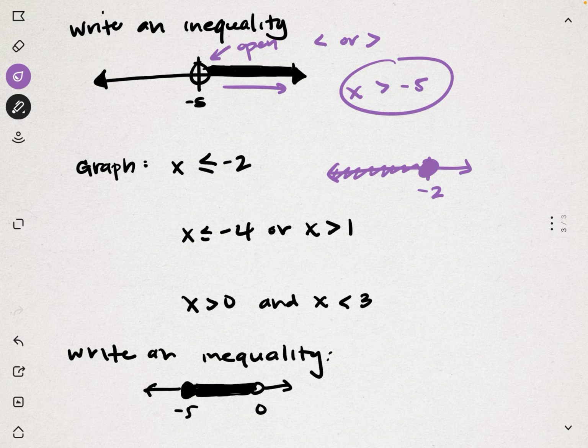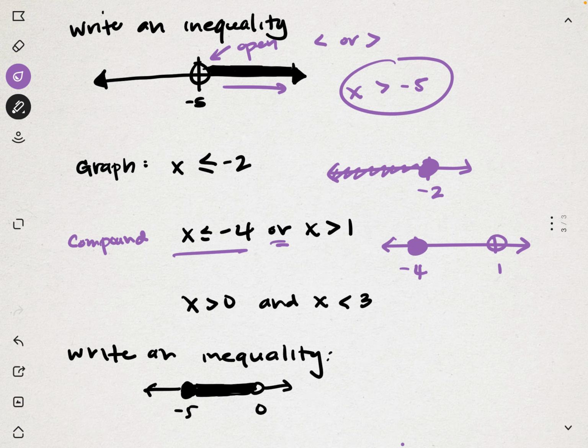Okay, this one gets a little bit trickier. These ones are called compound because it's two inequalities in one. Whenever it says or, then we can have either one true. So we're going to find on our number line wherever our 1 is, wherever our -4 is, and put our circles there. Notice that for this one, x is less than or equal to -4, so we're going to shade in -4.